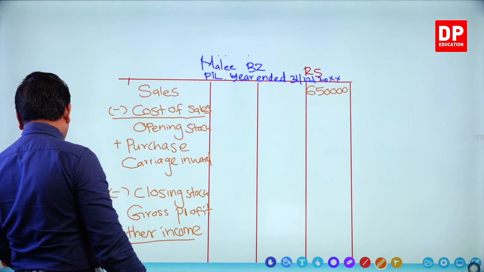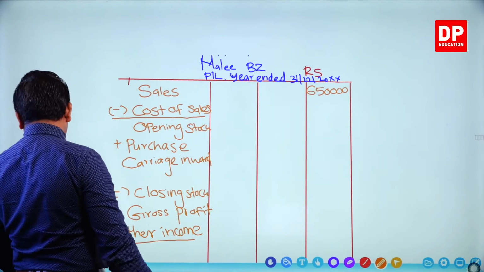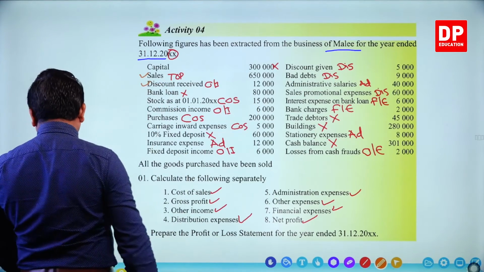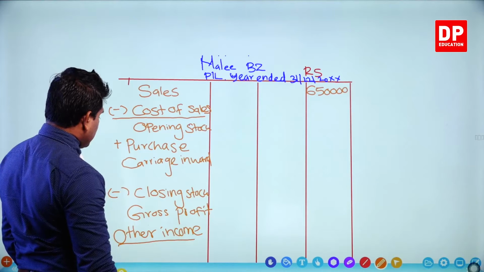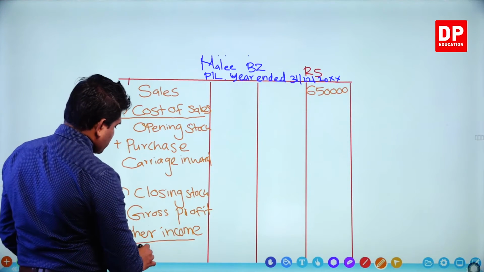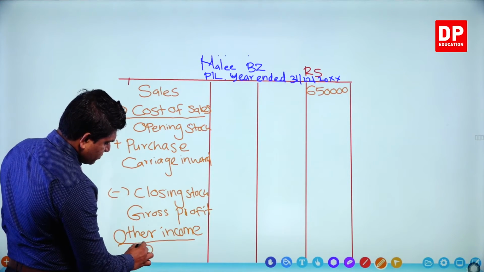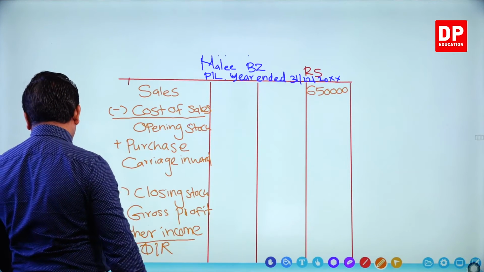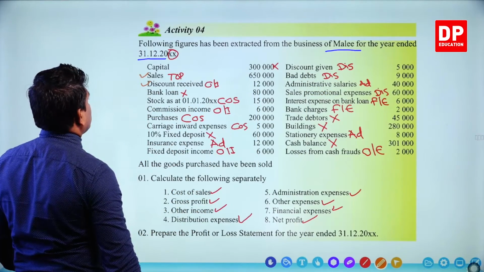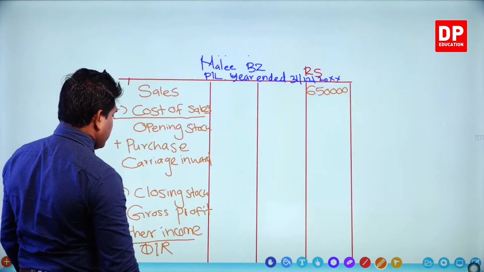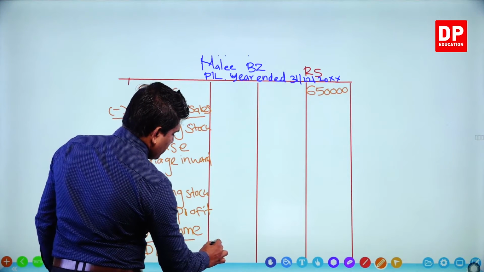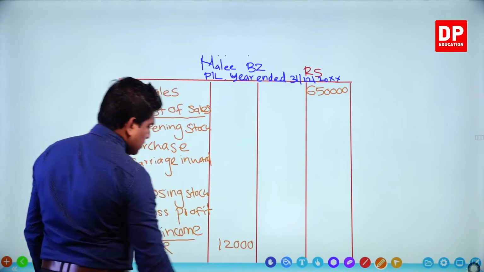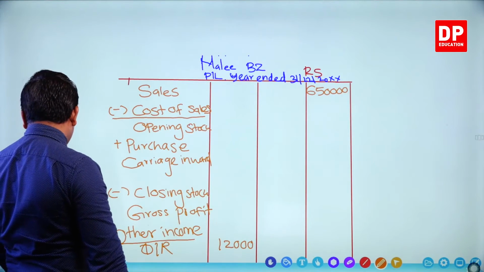Now you see the next one. Discount received, where we put it in the other income area. You find other income here. Discount received. DR means discount received. Check how much: 12,000. You put 12,000 here. Remember, one by one expenses we write in the first column, right? Then next one.